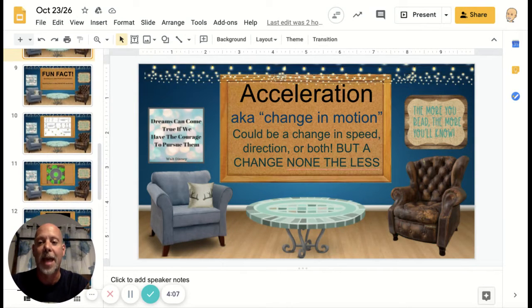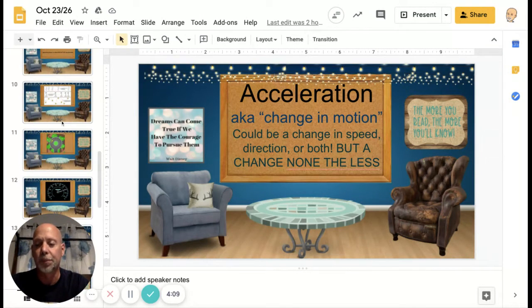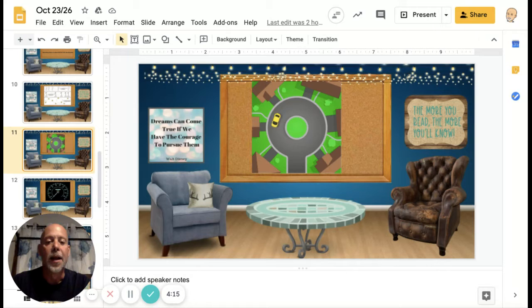So remember that definition. So we do have some fun examples for you to take a look at. So right here, see this little car going around the cul-de-sac, round and round and round. Is this a change in velocity?